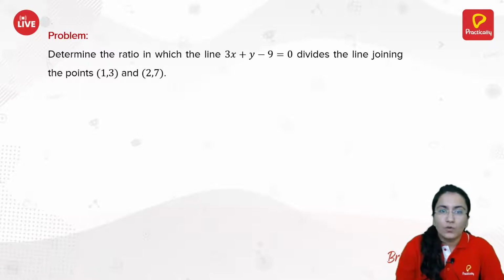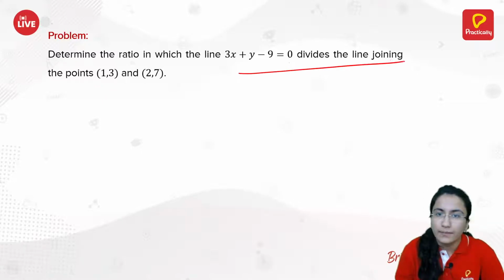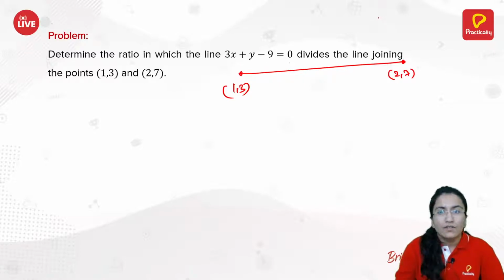Determine the ratio in which the line 3x plus y minus 9 equals 0 divides the line segment joining the points (1, 3) and (2, 7). So what the question says is, you have a line segment whose endpoints are (1, 3) and (2, 7), and there is a line 3x plus y minus 9 which is passing through it.